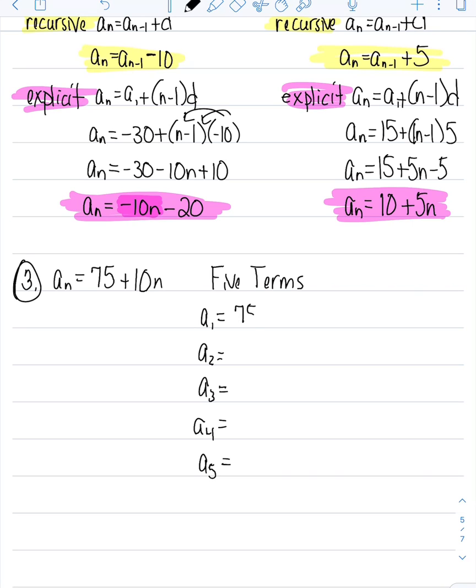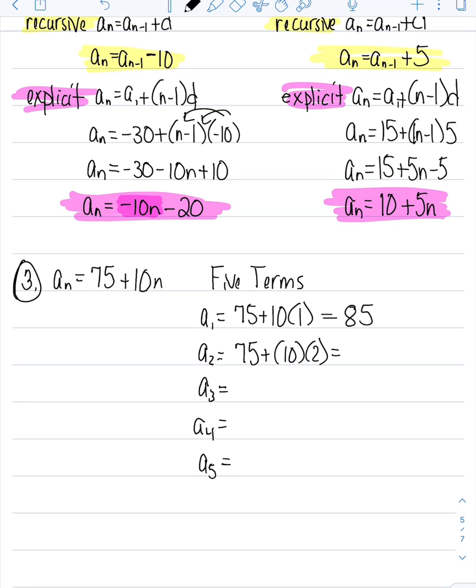So this becomes 75 plus 10 times 1. Well, 75 plus 10 is 85. You got two things you can do here. You can keep plugging stuff in, or you can use your pattern to complete your terms.